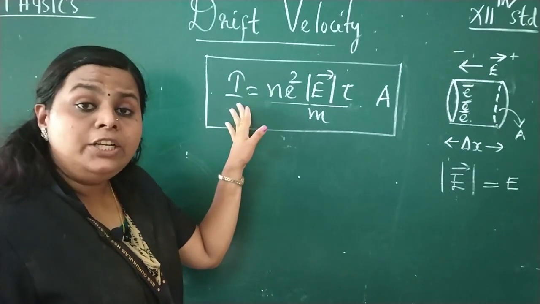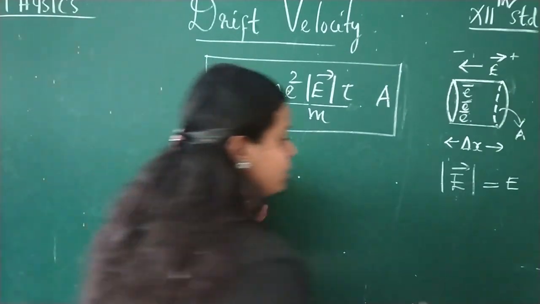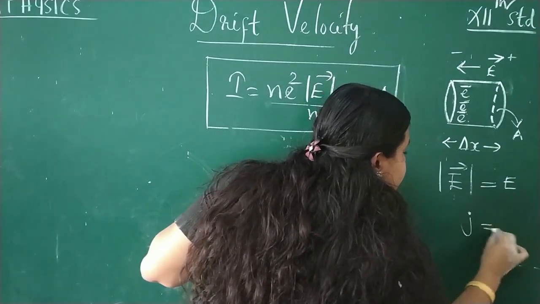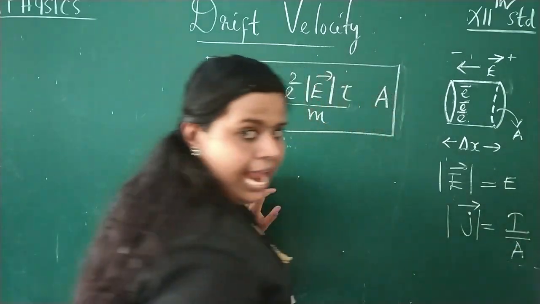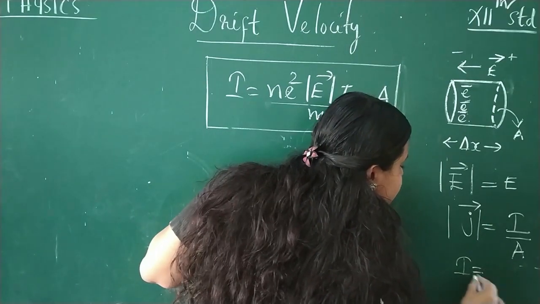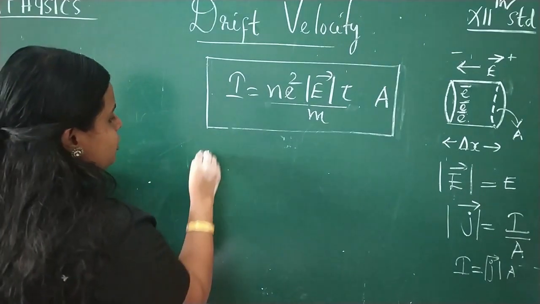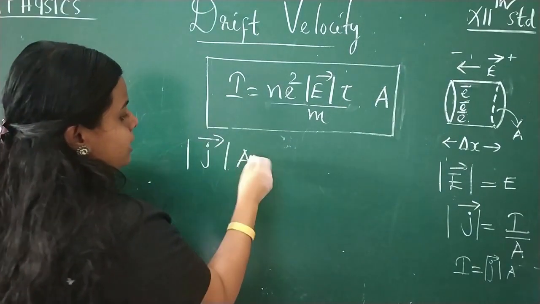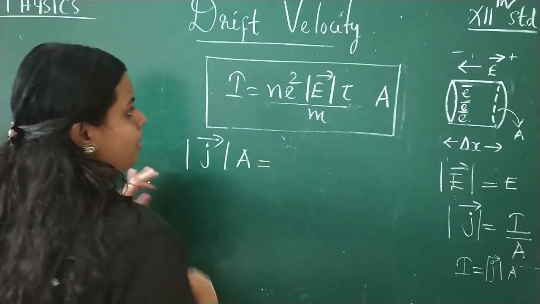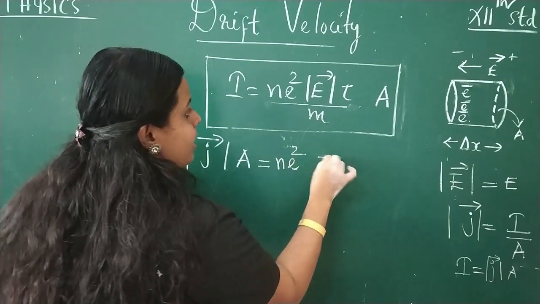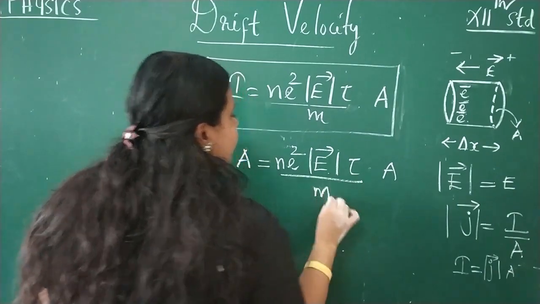Now, here we are going to write an expression for this I in terms of current density. In our previous video, we defined the current density J, that is the current flowing per unit area. So we can write I is equal to J into A. Instead of I, we can substitute current density into area, which is equal to n e square into the magnitude of electric field into tau into A by m.